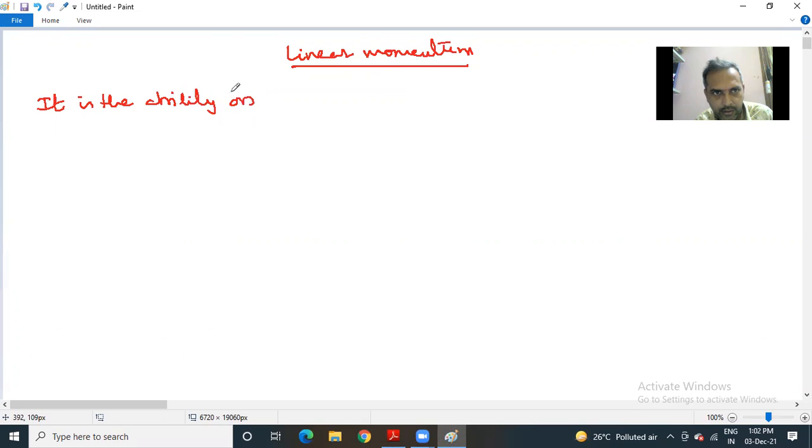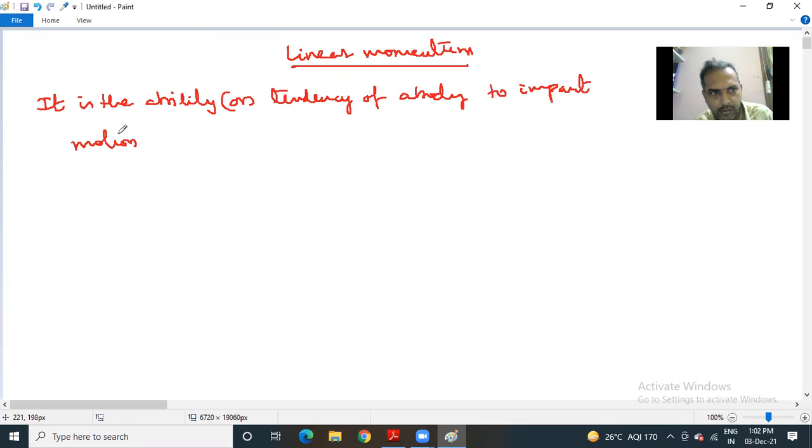ability or tendency of a body to impart motion to the other body.